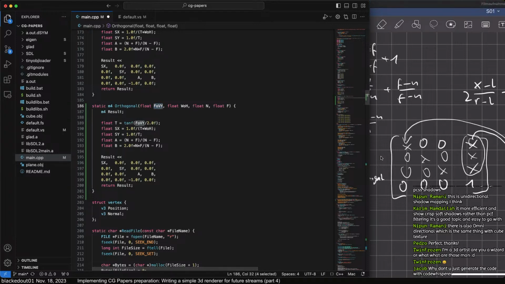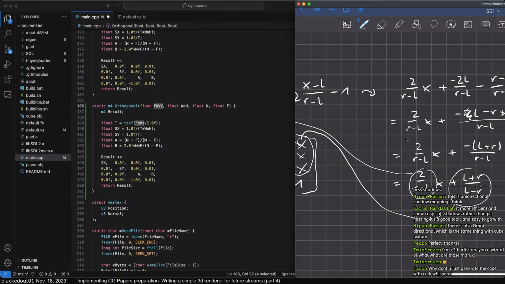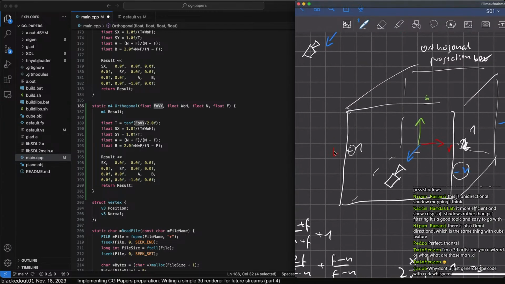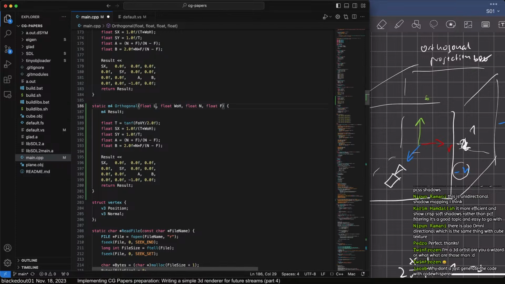And now we pass in the parameters of the box here. Where's the box here? This box. So left, right, bottom, top, and then near and far.